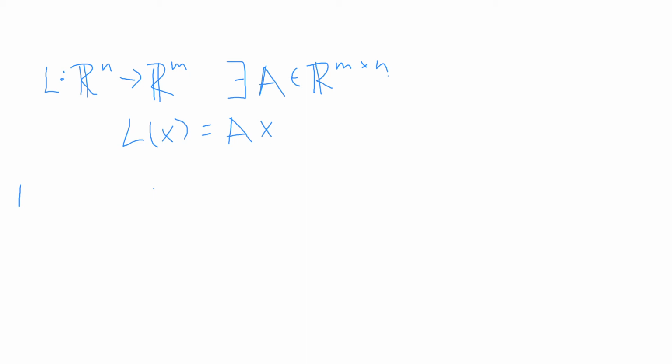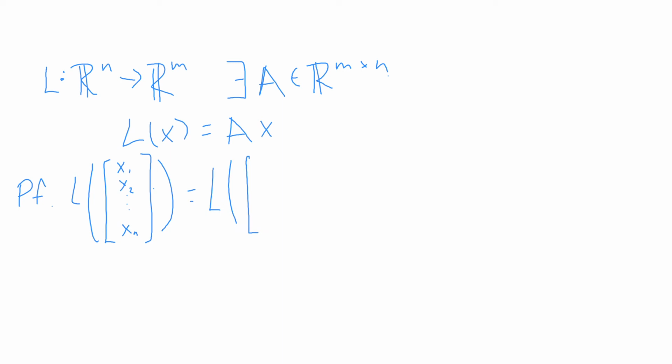We will examine the linear transformation of a vector x, which we can write as x1 through xn. We can rewrite this as a sum of vectors with one value each.